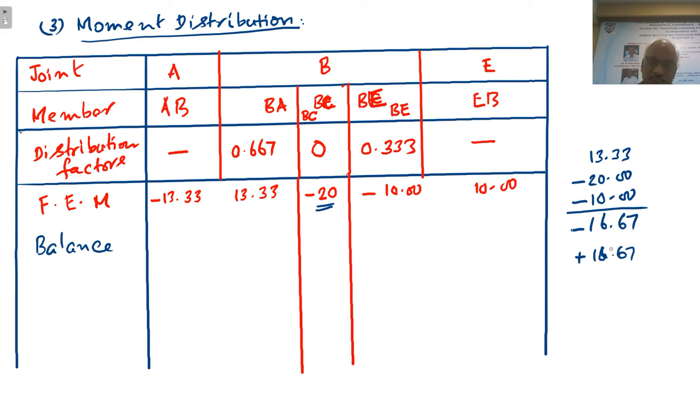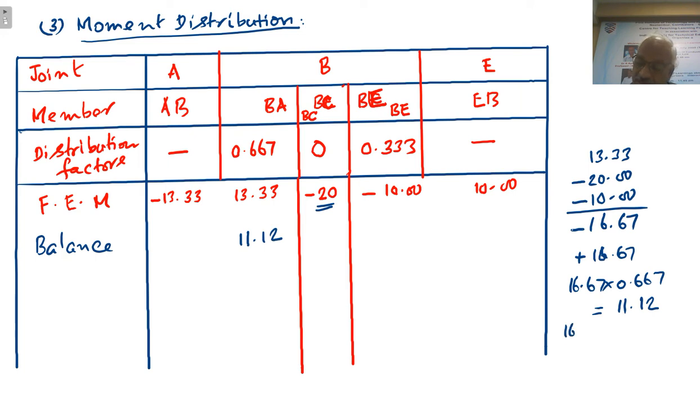Right. Now the 16.67, there are three members. So based on their stiffness values, we have calculated the distribution factor. Therefore, this plus 16.67 into 0.667 equal to 11.12 to the member BA. So to the member BA, you have to apply 11.12. Right. Now for the member BC, it is 0.